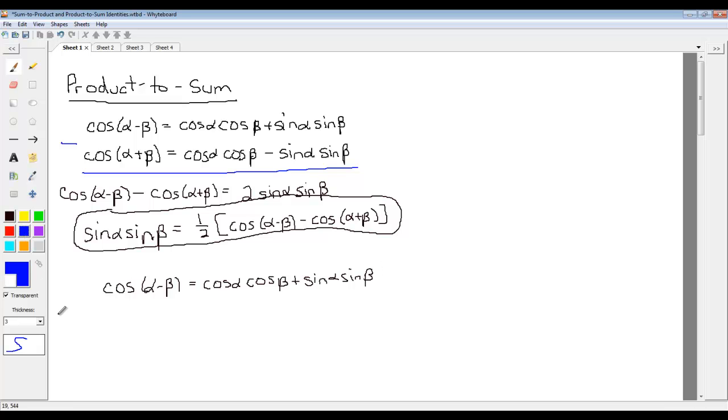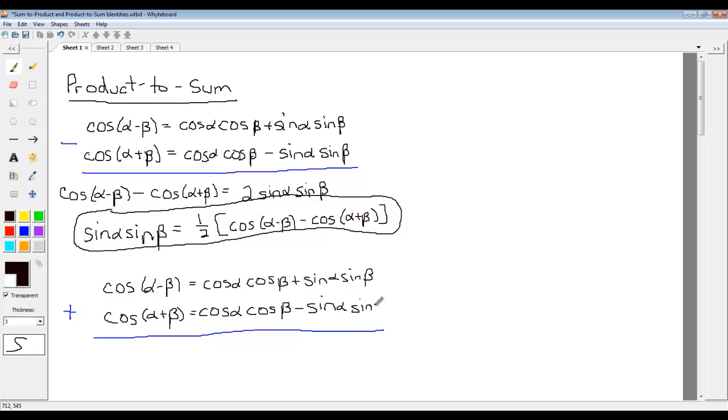And we can add that with cosine of alpha plus beta equals cosine alpha cosine beta minus sine alpha sine beta. This is what I had been trying to do earlier when I was supposed to be subtracting.